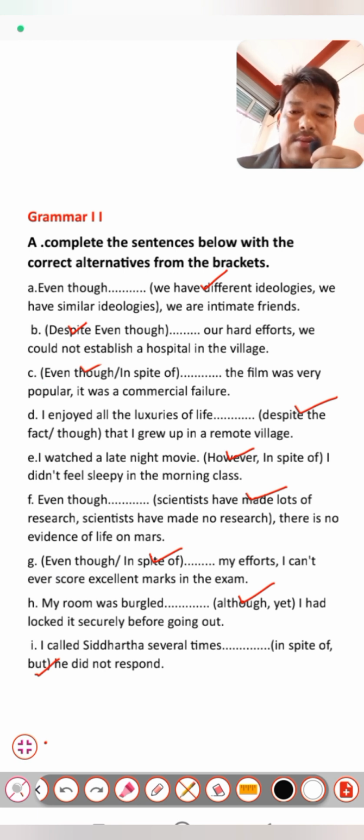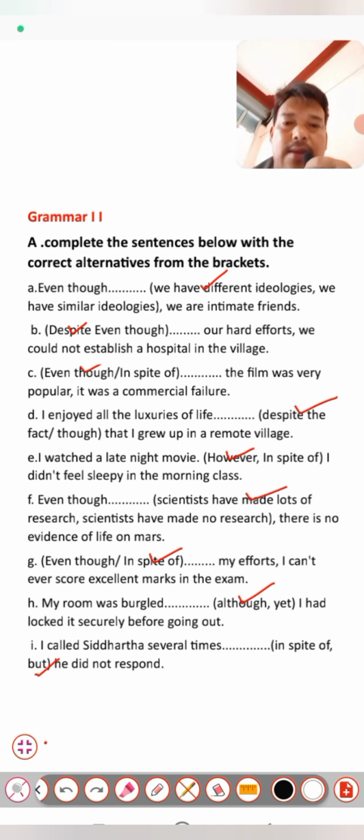And C number, even though the film was very popular, it was a commercial failure. And D number is, I enjoy all the luxuries of life despite growing up in a remote village. E number, I watched a late night movie, however, I don't feel sleepy in the morning class.